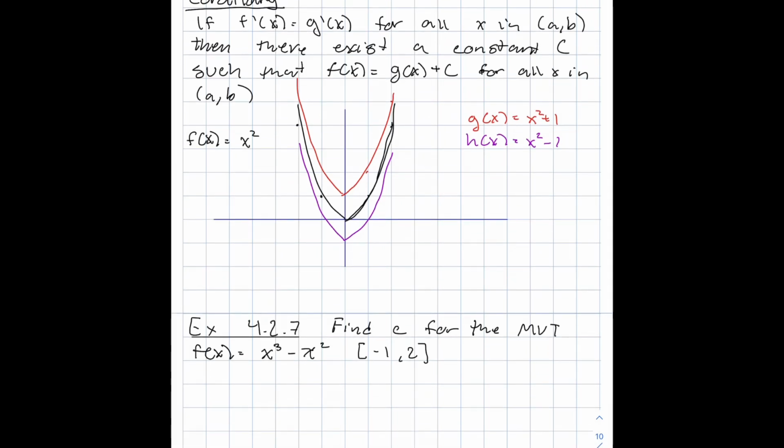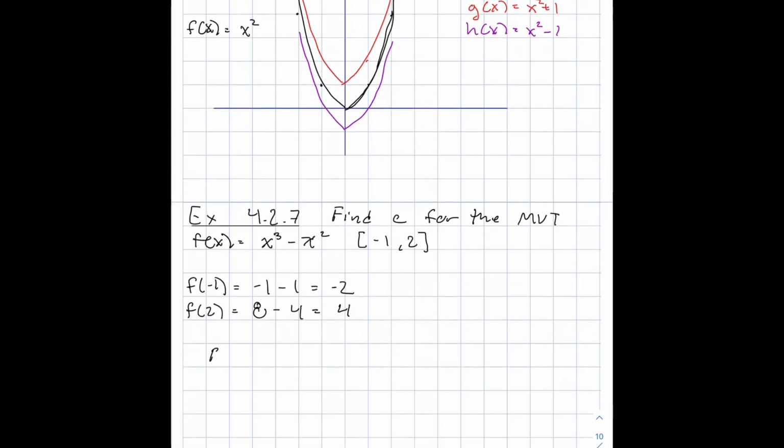Perfect. So now we can plug in our endpoints and find the average rate of change over the interval. We're going to plug in -1, so I'll get -1 minus 1, so it's -2. And then I'll get 8 minus 4, which is 4.